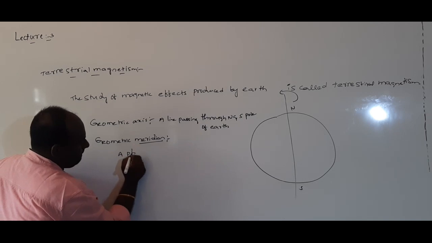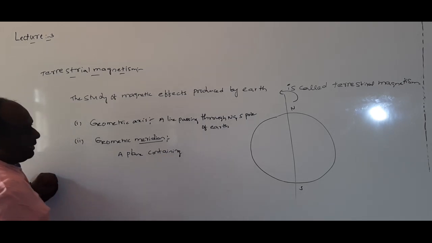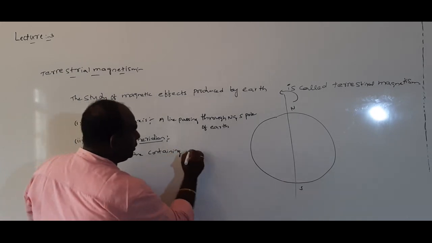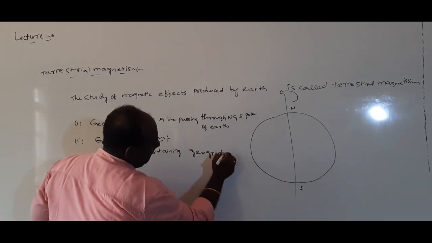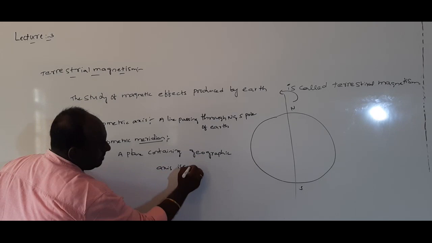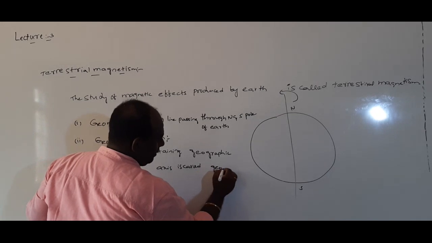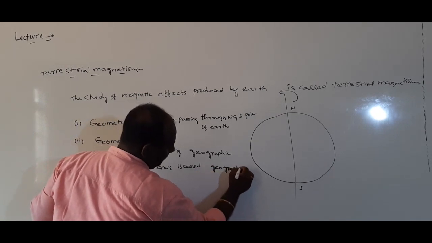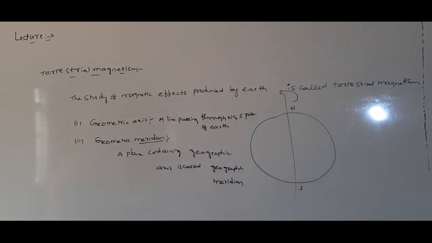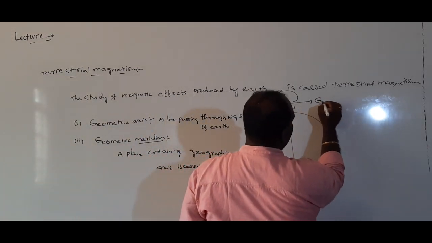A plane containing the geographic axis is called the geographic meridian. This is the definition of geographic. This is known as the geometric axis. I am going to write GA.